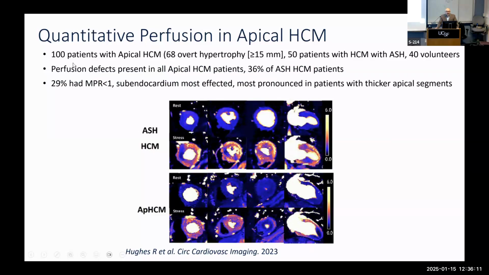This group, in looking at 100 patients, 68 with overt hypertrophy, as well as some that had this sort of phenotype. When you look at them, many of them had an MPR less than 1, meaning that there's actually worse flow at stress than rest. And universally, in apical hypertrophic cardiomyopathy, they have abnormal perfusion at the apex.